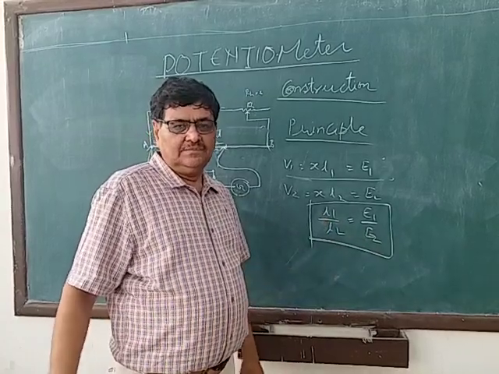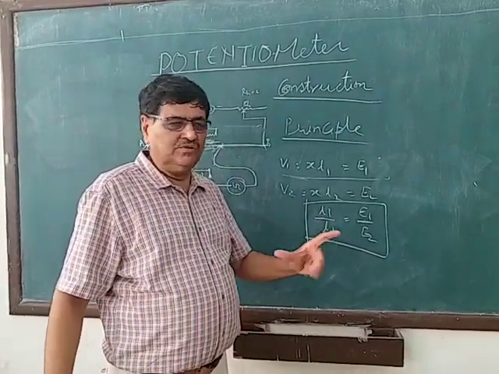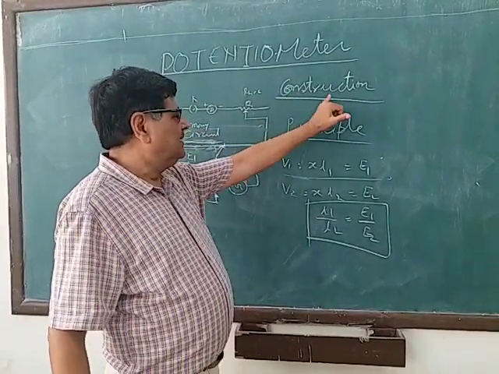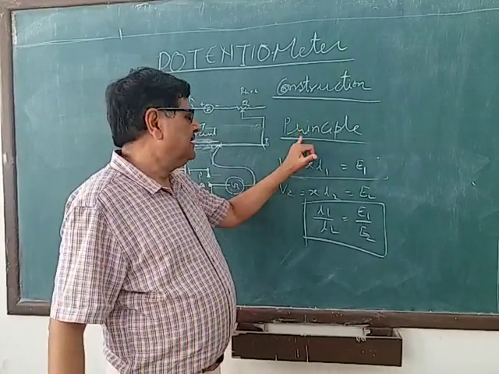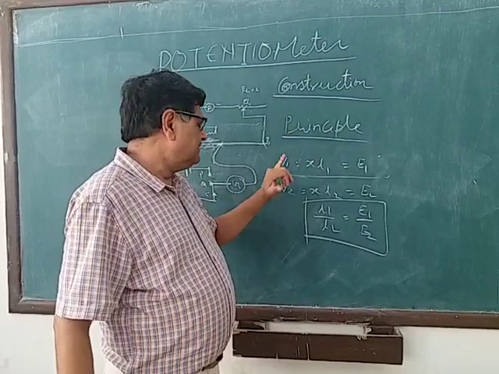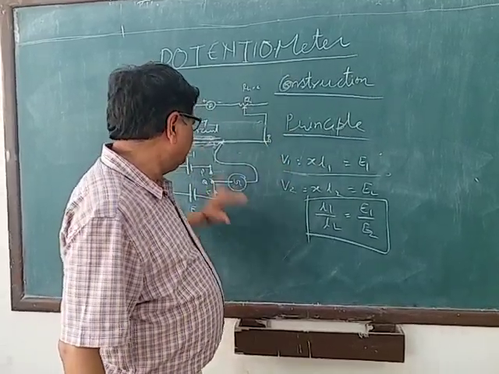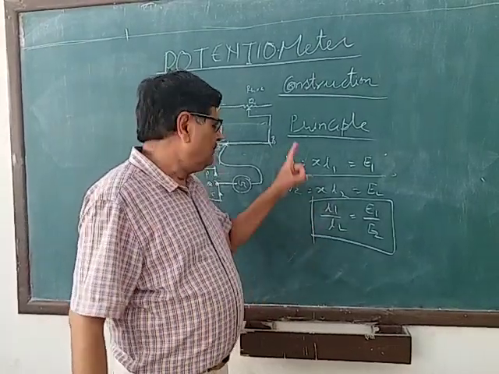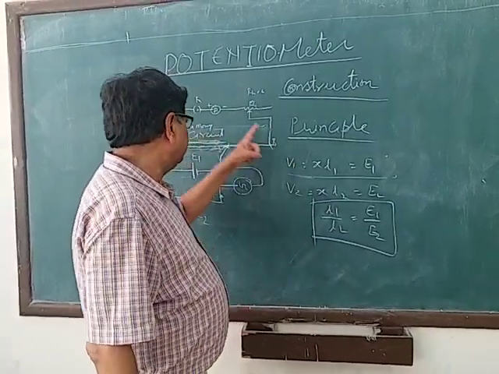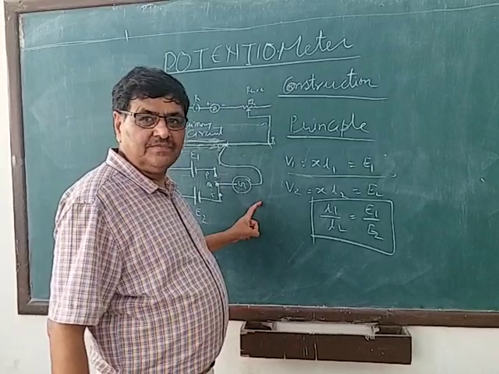Now the same question is asked in the examination: describe the process of comparing EMF of two cells. What you will do is explain the construction of the potentiometer and the principle. Then this method, how you will write in the examination, in 3 points. First, we will make the circuit as shown in the figure.